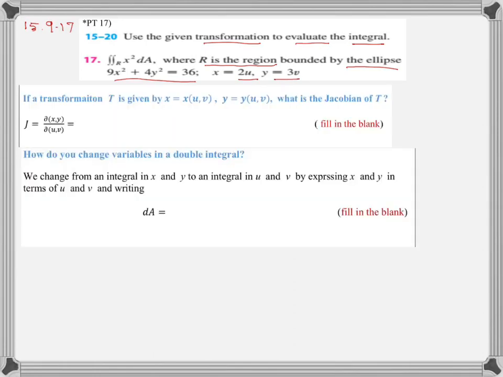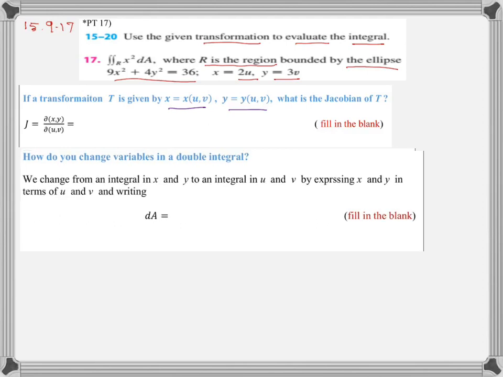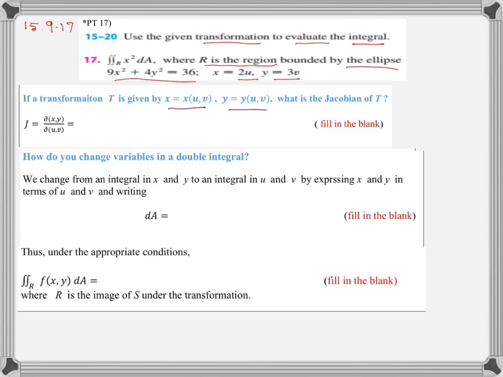Now what is a Jacobian? If a transformation T is given by x equals x of u, v and y equals y of u, v, what is the Jacobian of T? The Jacobian of T is J equals partial xy over partial uv, or in other words, the partial derivative of xy with respect to u and v, given by the determinant of partial x over partial u, partial x over partial v, partial y over partial u, partial y over partial v.